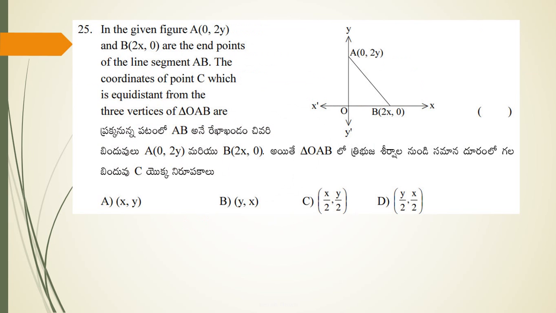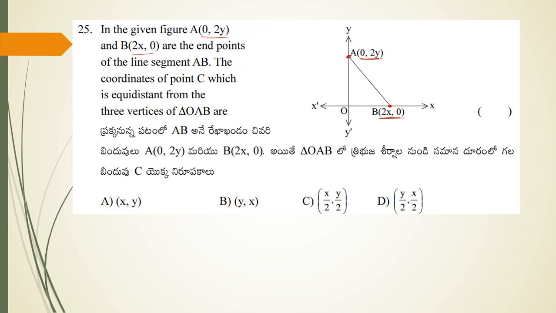Next, moving on to question number 25. What has he given? A is equal to 0 comma 2y. So this is A. Next, B is equal to 2x comma 0. So 2x comma 0 means it lies on the x-axis, and 0 comma 2y means it lies on the y-axis. So these are nothing but the endpoints of AB.